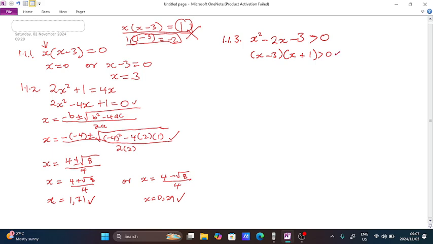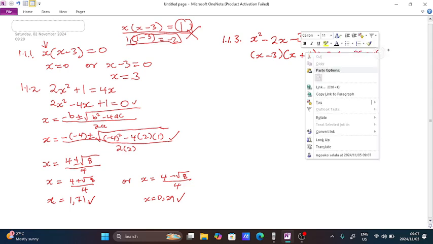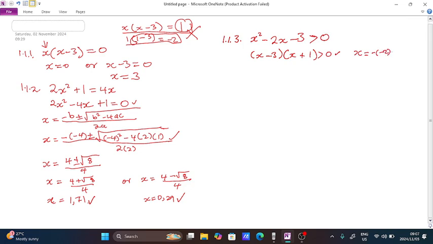If you show the quadratic formula, you must have a correct substitution. So what is your correct substitution? You will have x equals minus negative 2 plus or minus the square root of negative 2 squared minus 4 into 1 and negative 3, over 2 into 1.